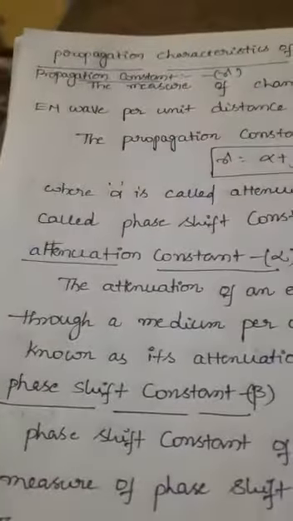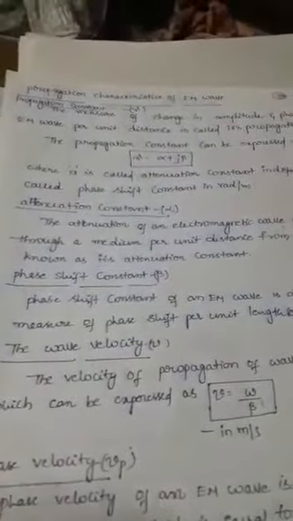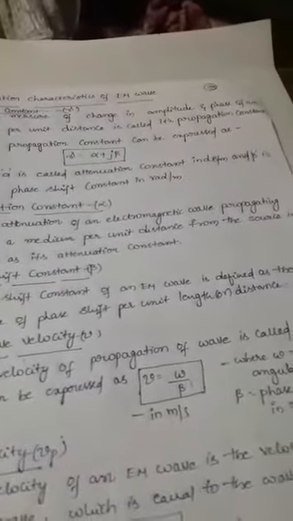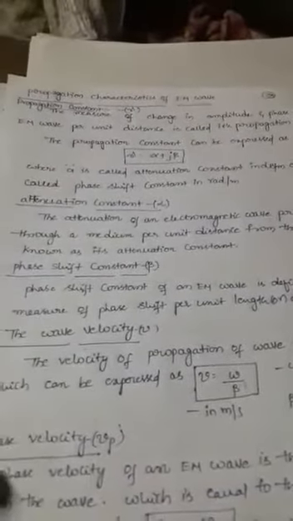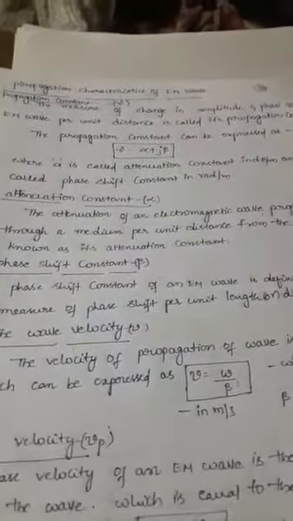The next characteristic is attenuation constant, which is represented with alpha. We already discussed in the propagation constant expression, gamma is equal to alpha plus j beta, where alpha is called attenuation constant, which is defined as the attenuation of an electromagnetic wave propagating through a medium per unit distance from the source.